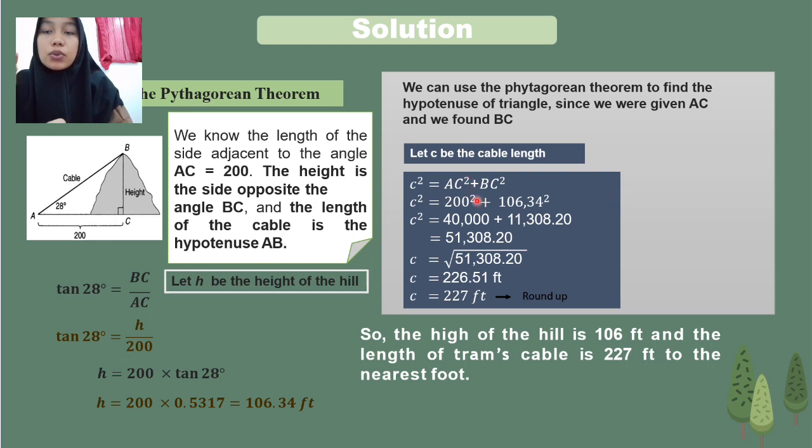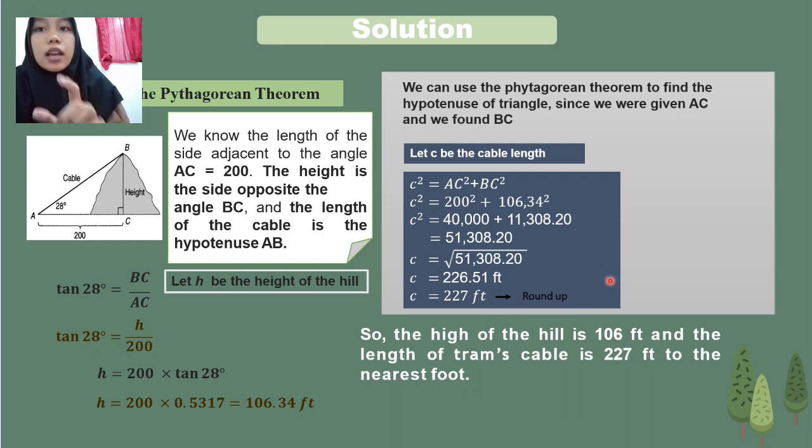Because AC is 200 and BC is 106.34, we have C squared equals 40,000 plus 11,308.2 equals 51,308.2.